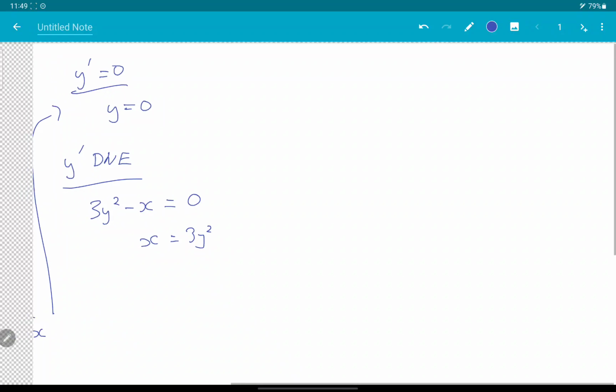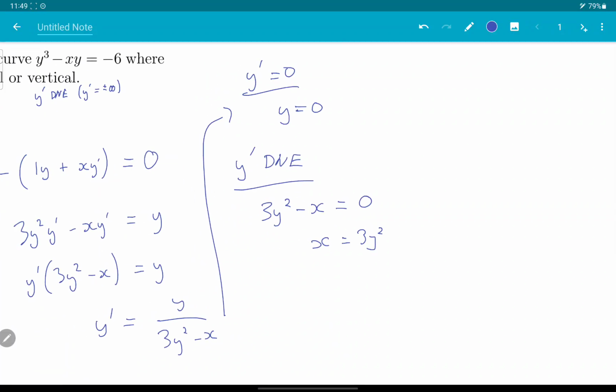So what does that tell me? Well, this isn't super helpful, but I'm going to combine it with that original equation there, and I get y cubed minus x, which is 3y squared, times y.